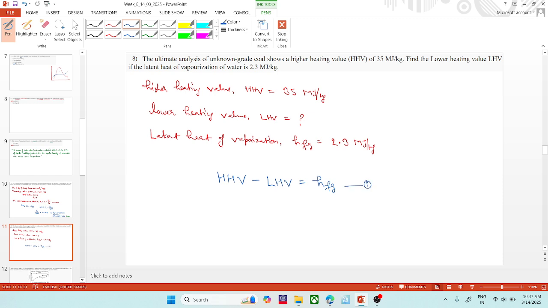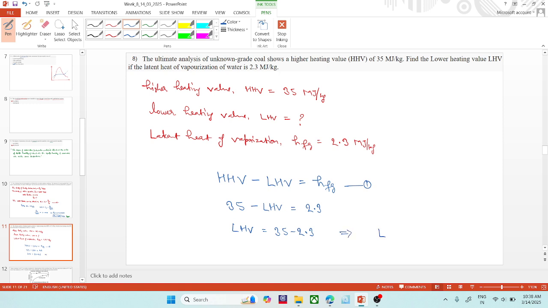While putting the values in this equation, the HHV is 35 minus lower heating value, which we have to find out, and the hfg is 2.3. So the lower heating value will be 35 minus 2.3.